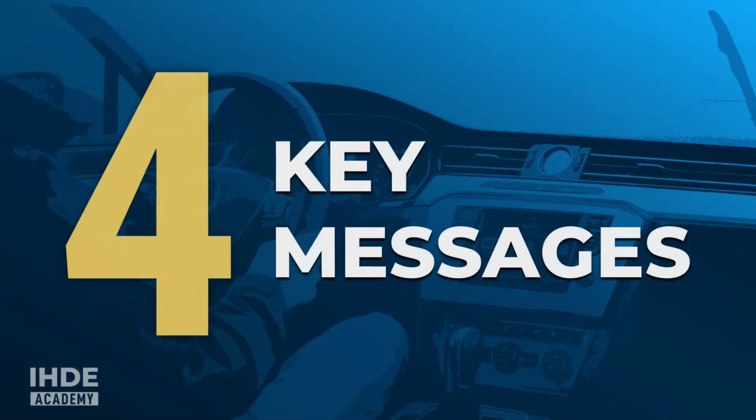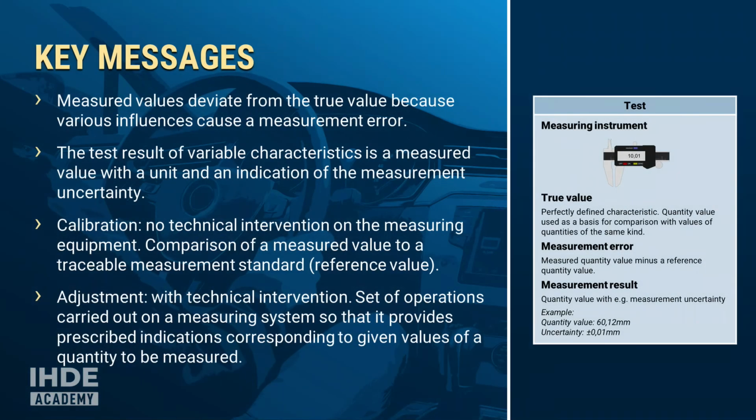Well, that was a lot of new information. Therefore, I would like to conclude by repeating the 4 most important key messages. Measured values deviate from the true value because various influences cause a measurement error. The test result of a variable characteristic is a measured value with a unit and an indication of the measurement uncertainty.